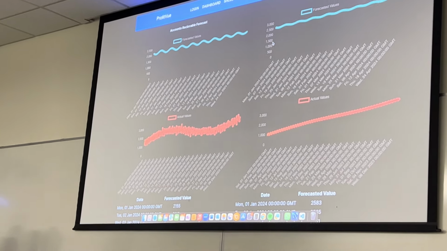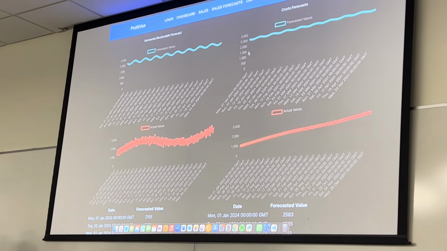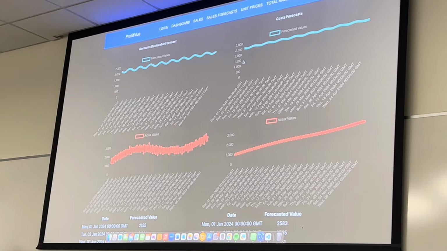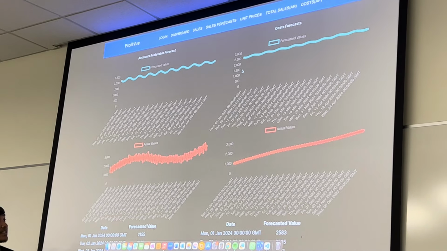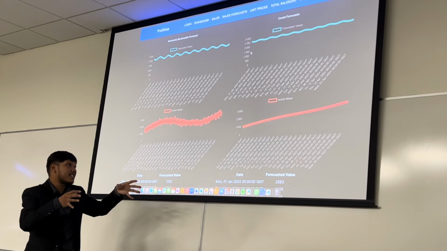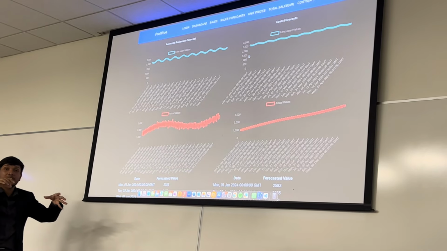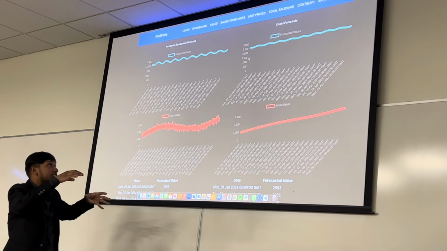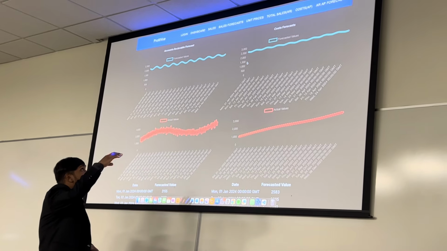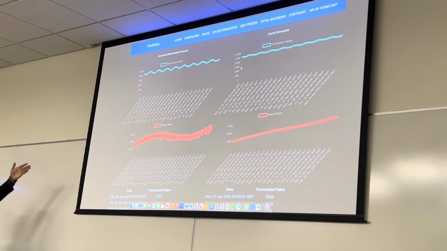For the costs one, I again tried to figure out if my system is doing the best job it can do. You can see it also has a sine curve property in a yearly seasonality, but it is really hard to follow. It's not completely clear, but you can see even in the forecasted value, it is not as much as the accounts receivable forecast.